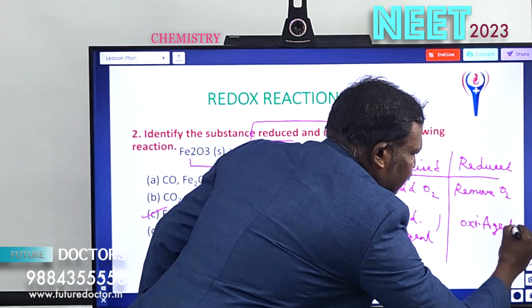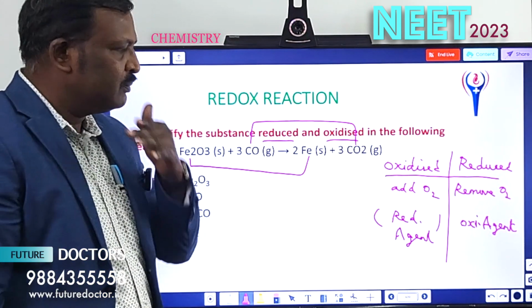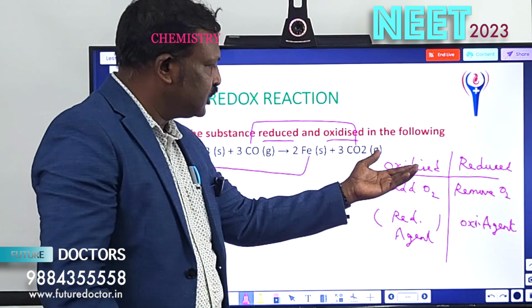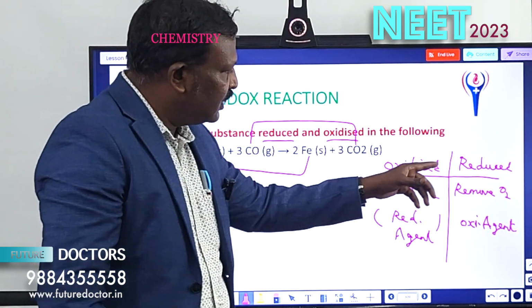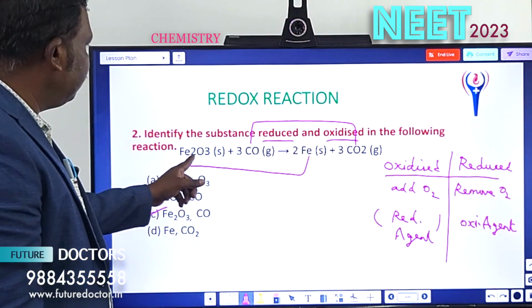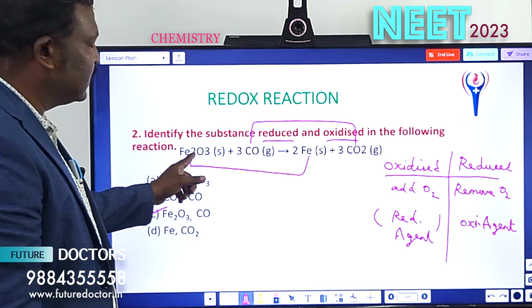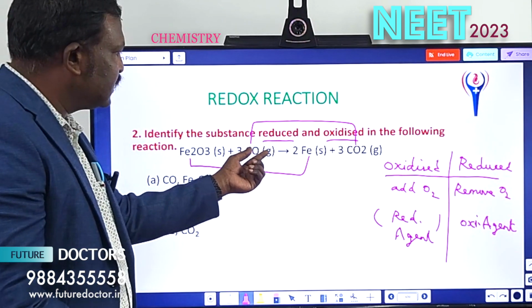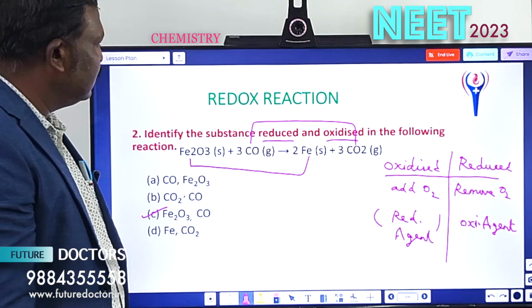Just write this also and remember. Sometimes they ask in a different way, so first you find out the oxidized one. Oxidized species is called reducing agent. Reduced species is called oxidizing agent. Understood? So in this case, Fe2O3 is the reduced species, this is called oxidizing agent. The CO is oxidized, so this is called reducing agent. Okay, right.